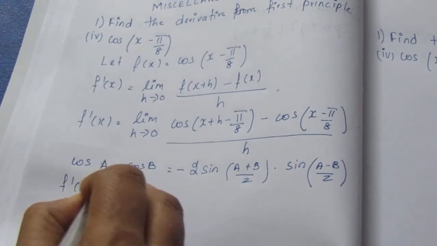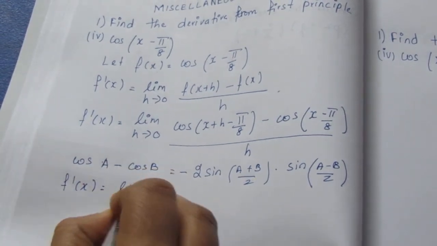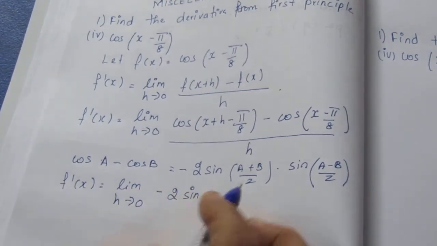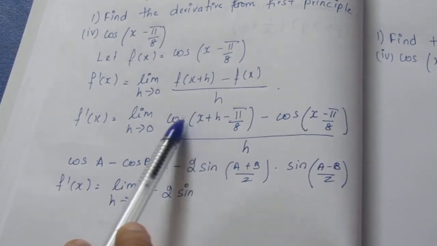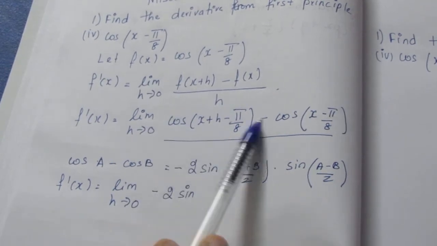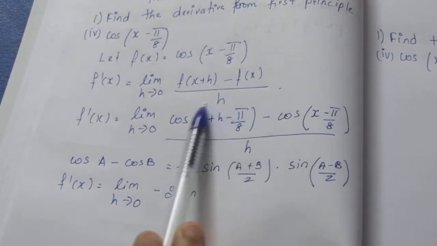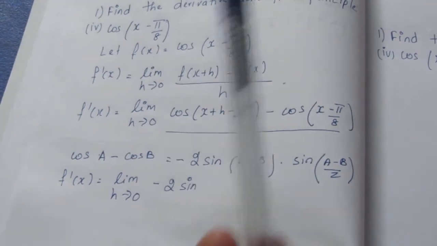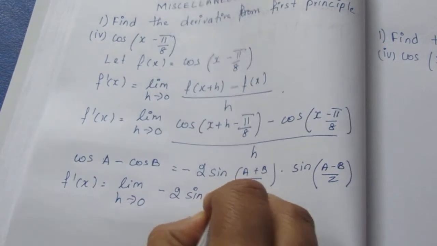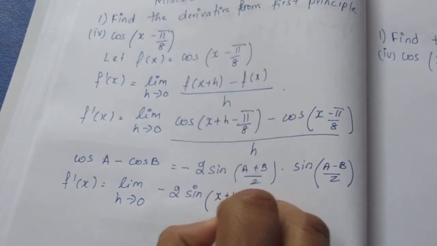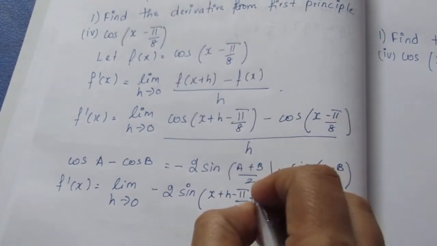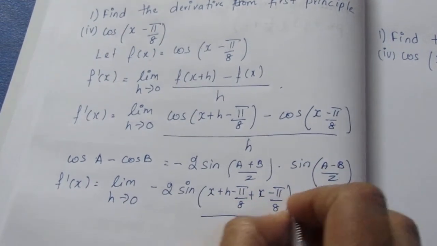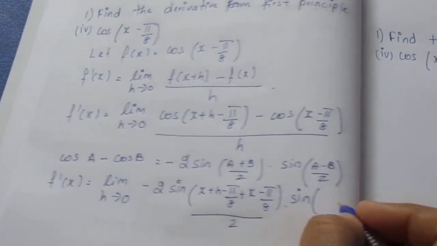f dash of x is equal to limit h tends to 0. Here minus 2 sine, be careful while writing, here we have cos a minus cos b. So while writing a, we need to write it completely. So a will become x plus h minus pi by 8 and b is x minus pi by 8, the total divided by 2, into the same way sine.